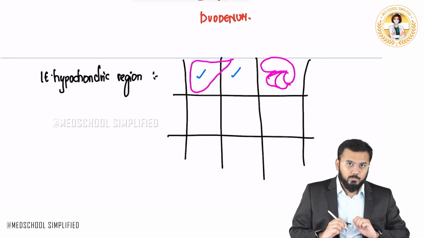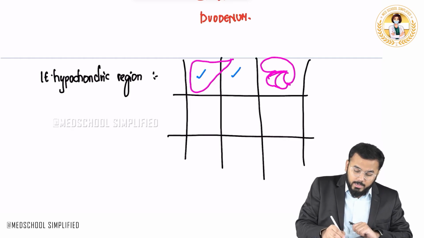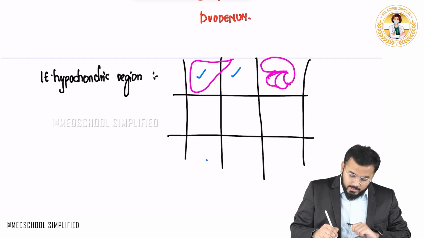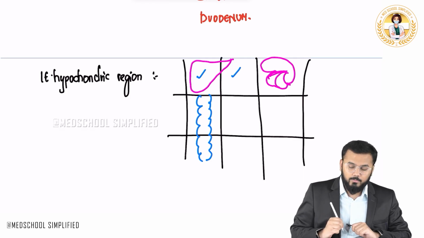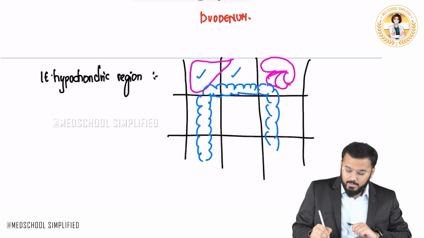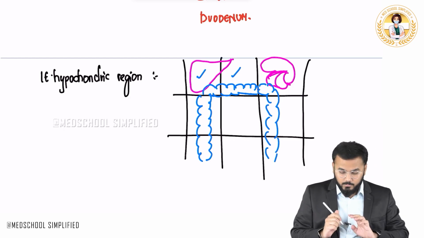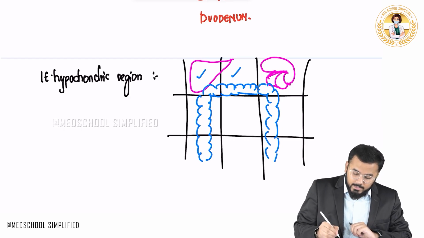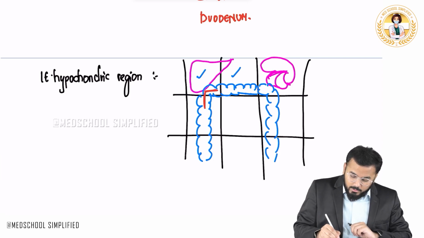Not only the spleen, remember one very important thing: this colon which I am drawing right now is your ascending colon. After that, this colon is your transverse colon. And after that, this colon is your descending colon. Now if you see this corner on the right hand side, this is called the hepatic flexure.